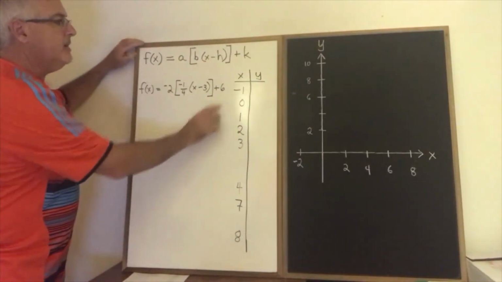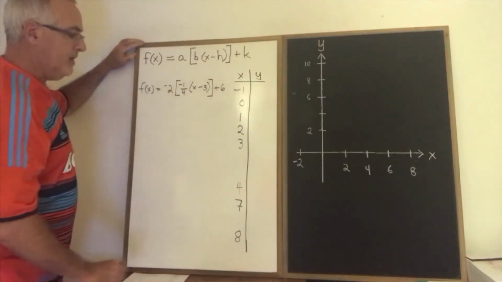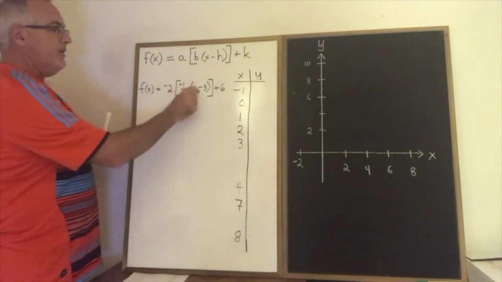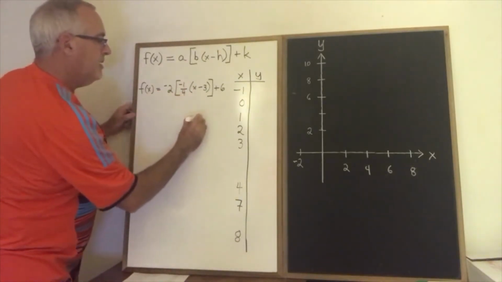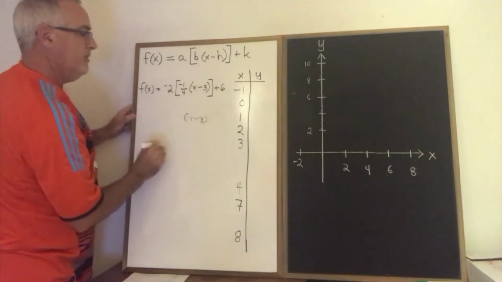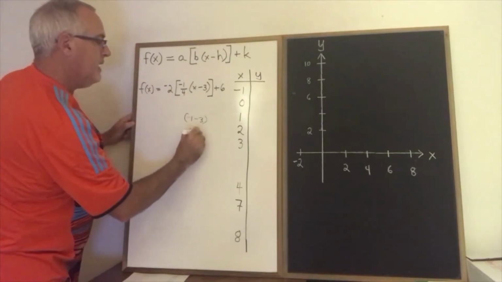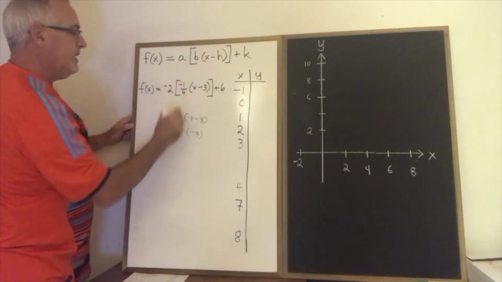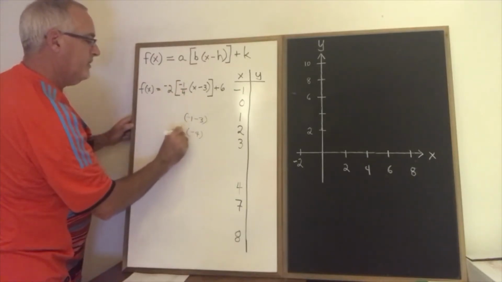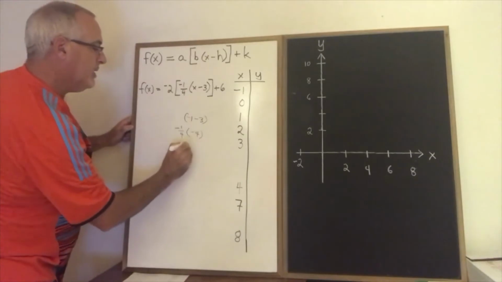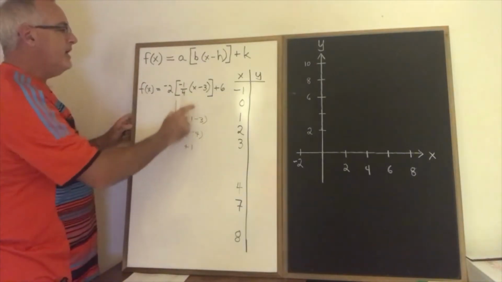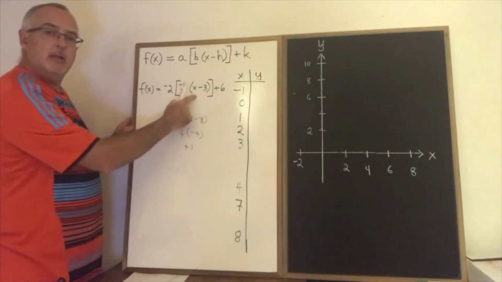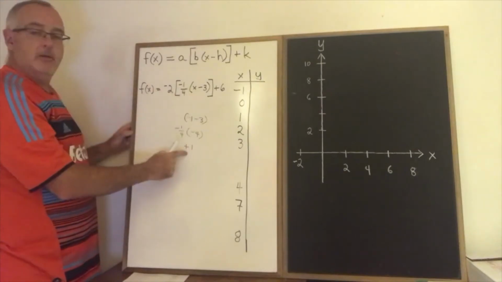Let's get into this, and I'm going to start with x equals -1. Well, we have -1 minus 3 in the bracket, and that turns into -4. The -4 is being multiplied by this -1/4, and that turns into +1. The entire portion that's inside the square bracket is equal to +1.